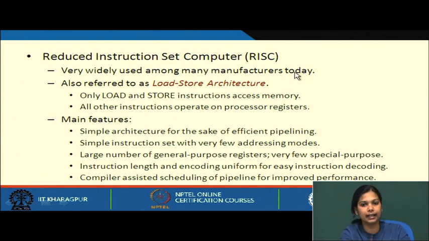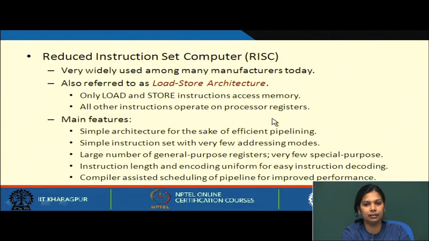This is also referred to as load store architecture. By load store architecture, we already discussed that only load and store instructions can be used to access the memory, and all other instructions operate on registers. So, only when memory is required, you have to load it from the memory.